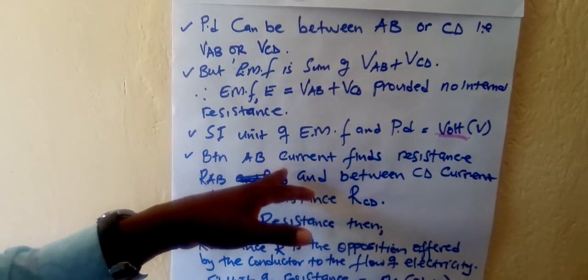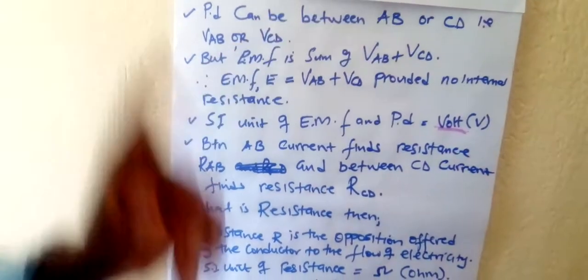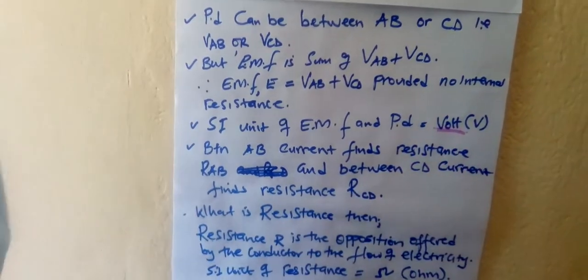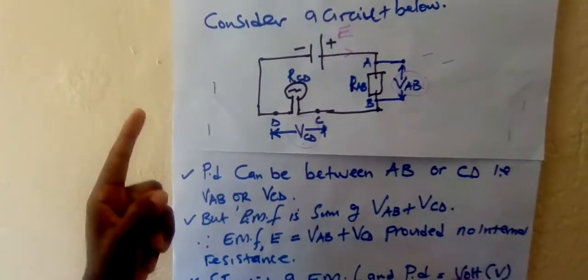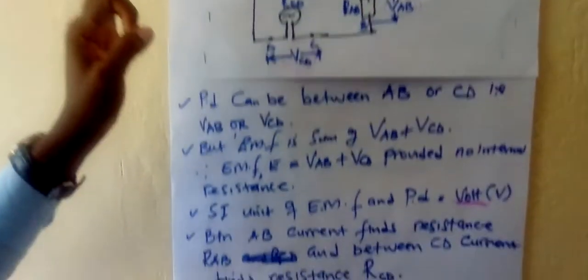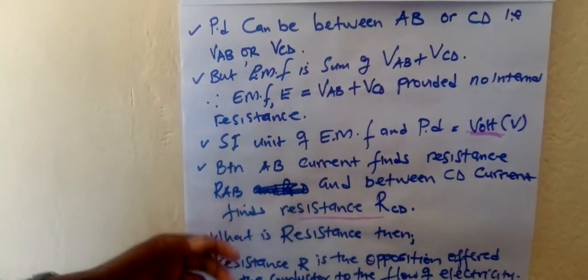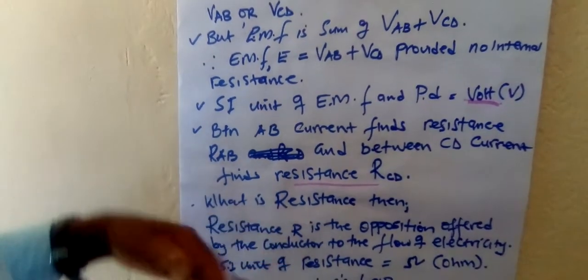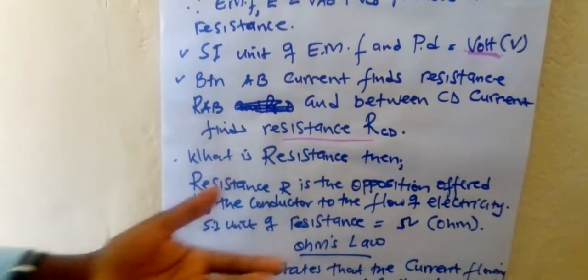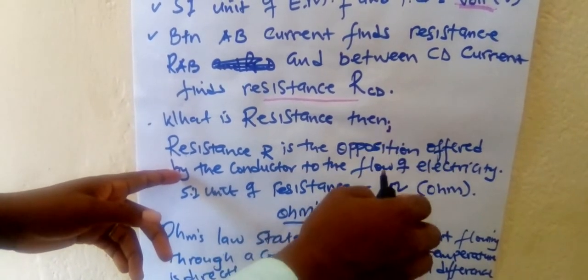Between AB, current finds resistance RAB, and between CD, current finds resistance RCD. I've already explained that one earlier. But now, what is resistance? Resistance is the opposition to the flow of current.